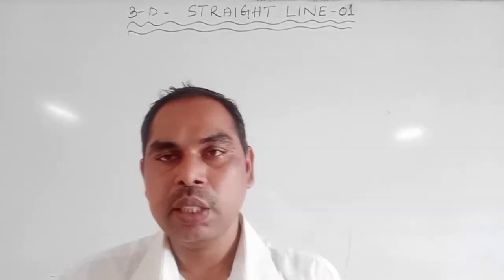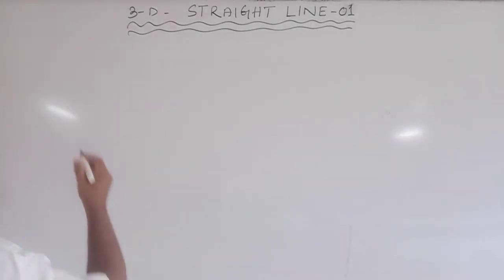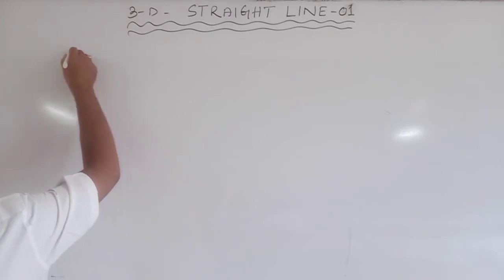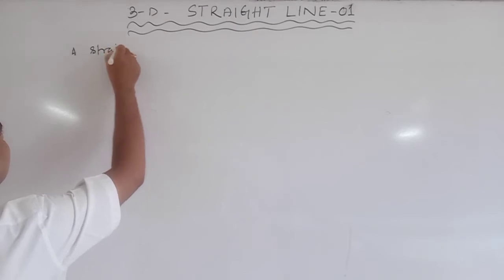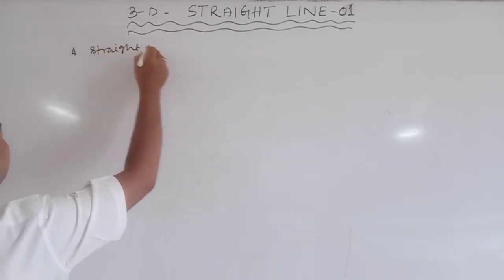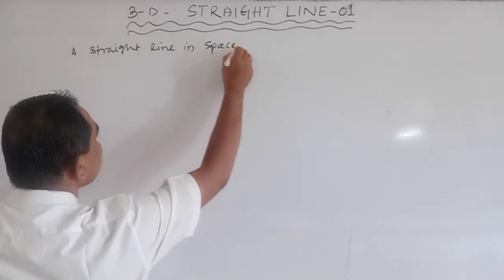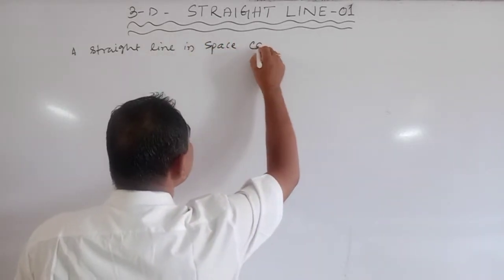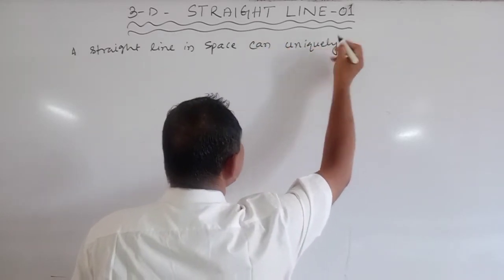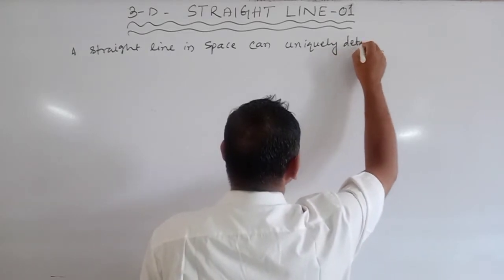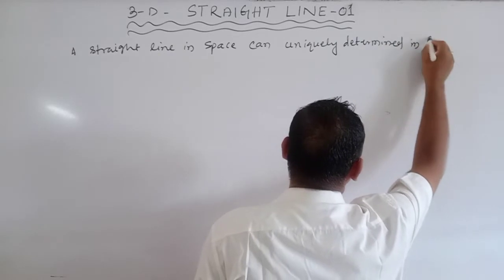Okay, so again, a straight line in space can be uniquely determined in the following three ways.